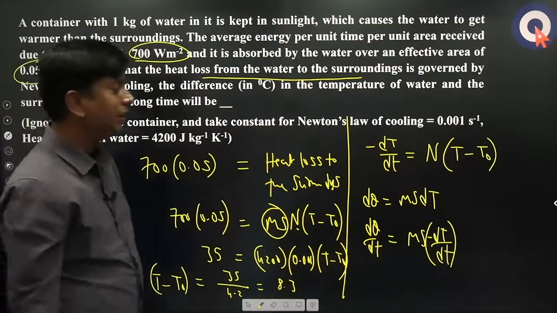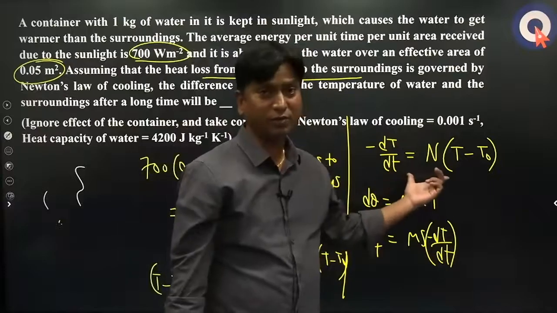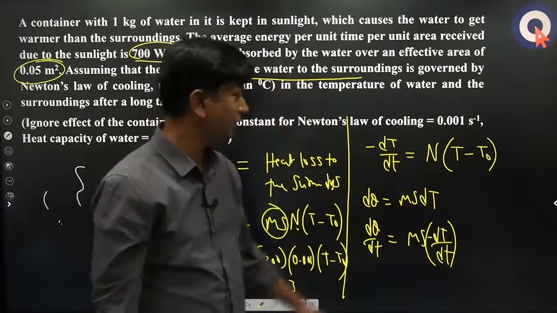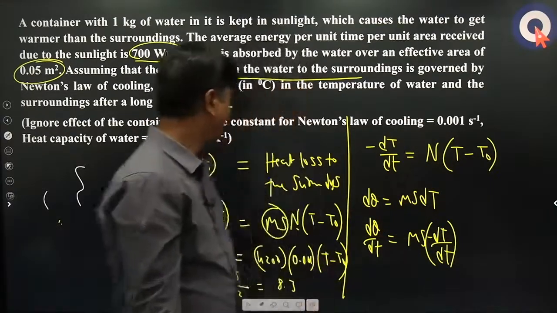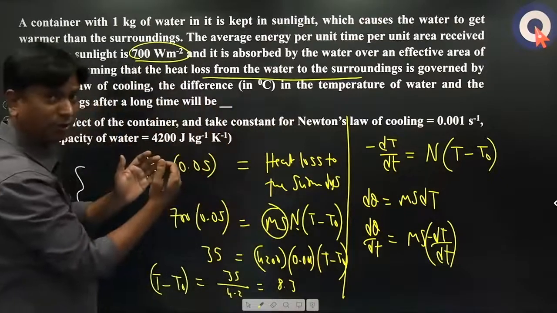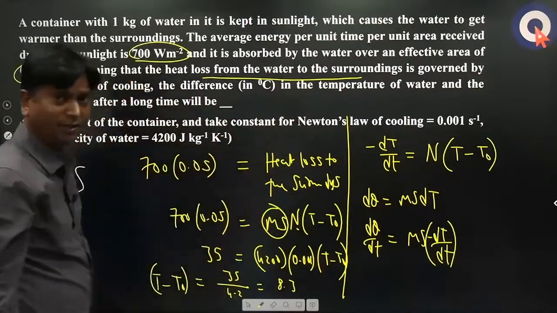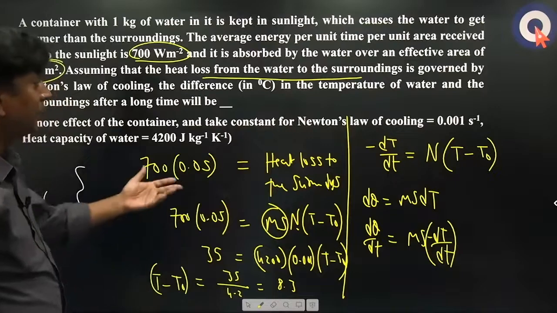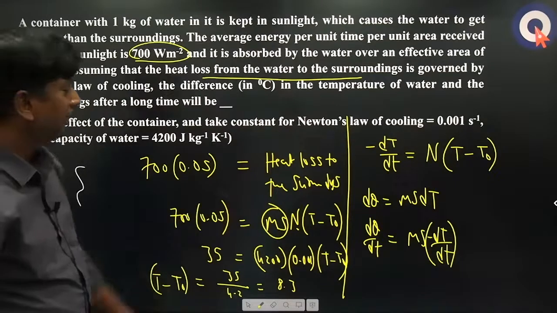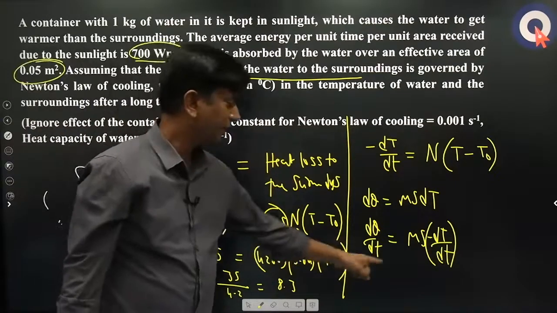So here we are using completely Newton's law of cooling, right? Minus dT by dt is equal to n times T minus T naught. Simultaneously it is absorbing from the sunlight and also releasing, losing heat, and the heat loss dQ by dt, you take directly from here.